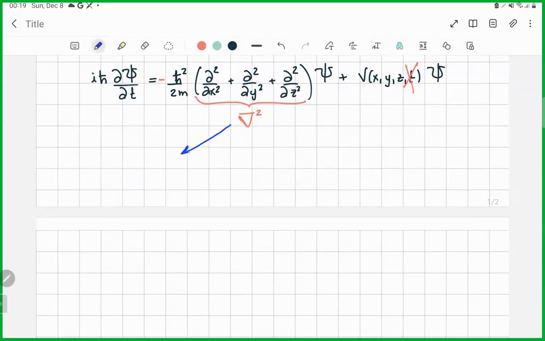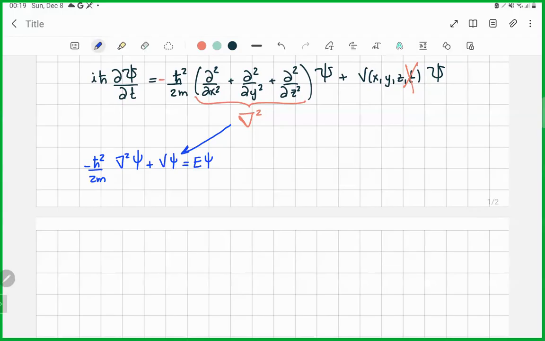So the part that depends only on space will be minus h bar squared over 2m, the Laplacian. Now this psi depends only on x, y, and z. Then we have the potential, psi, and the energy, right?